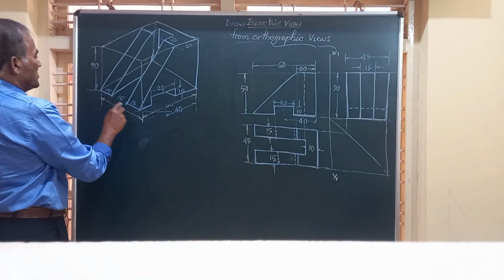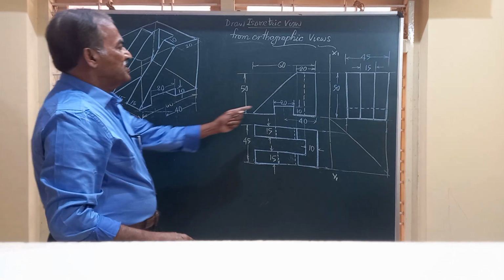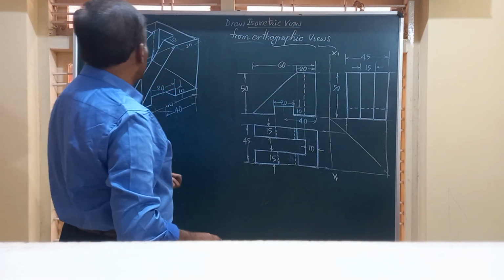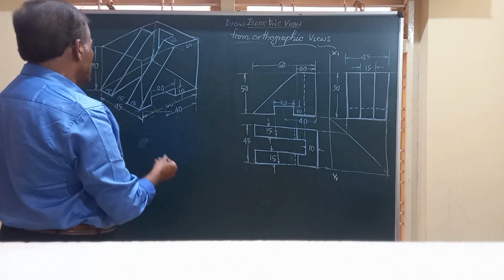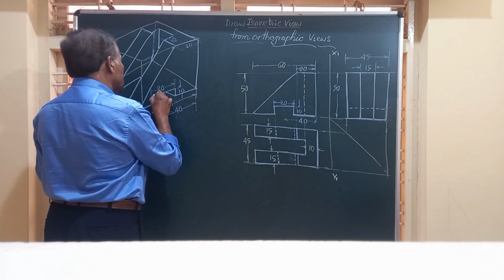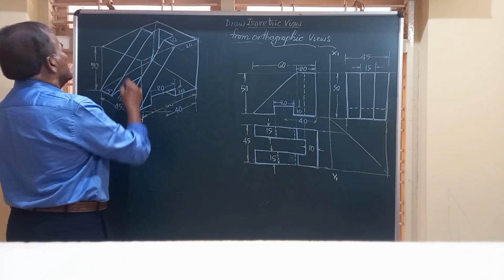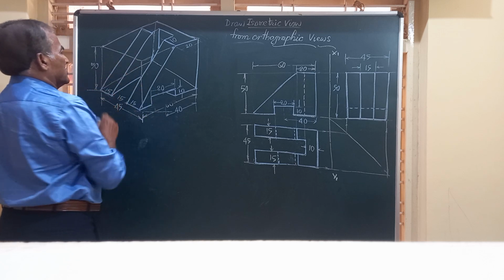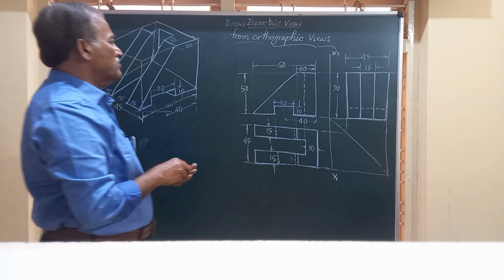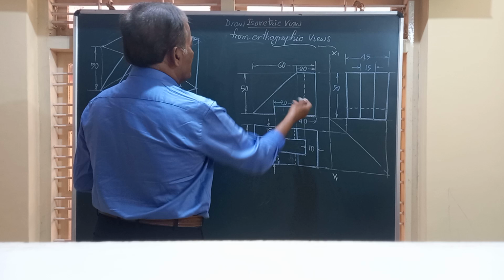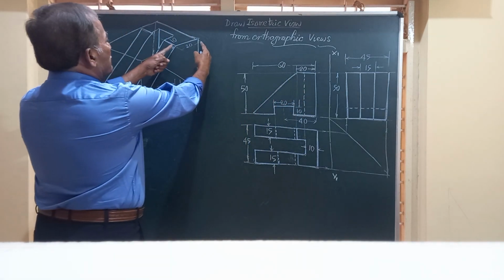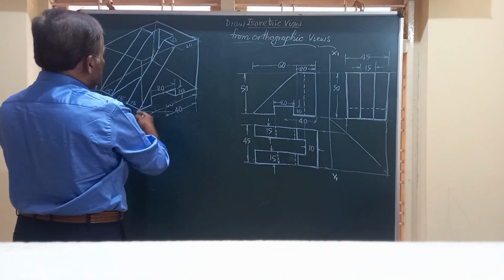Friends, if you compare this with the orthographic views given, you will be able to find out whether the isometric view you have got is completely correct or not. Please look at this front view. In the front view, there is a width of 20 mm here, and there is a sloping surface.